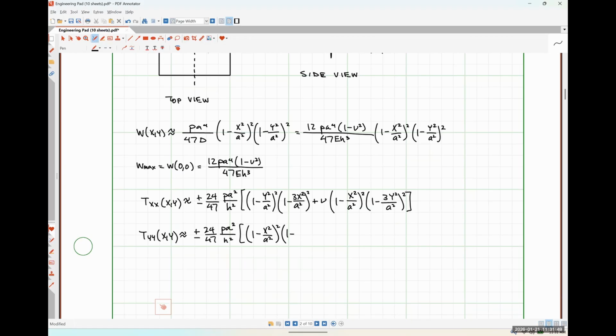Squared, 1 minus 3y squared over a squared, squared, plus nu times 1 minus y squared over a squared, squared, 1 minus 3y squared over a squared, squared. Is that 3y squared or 3x squared? Or then both? Oh, no, this one is supposed to be x. Thank you for that, Hannah. Thank you.